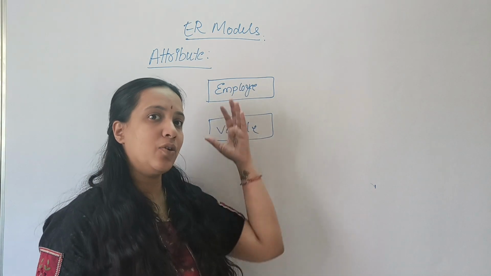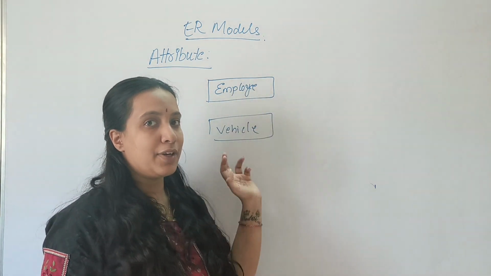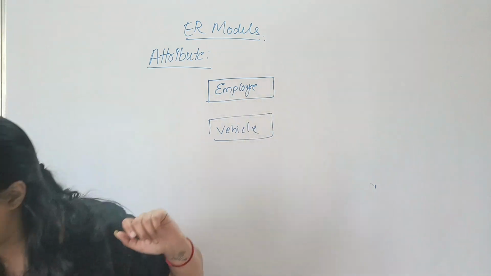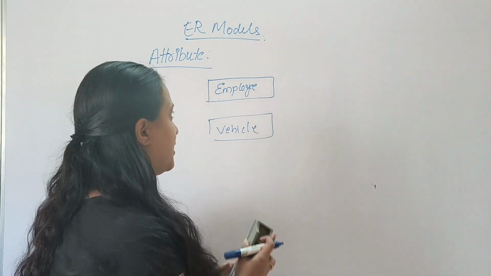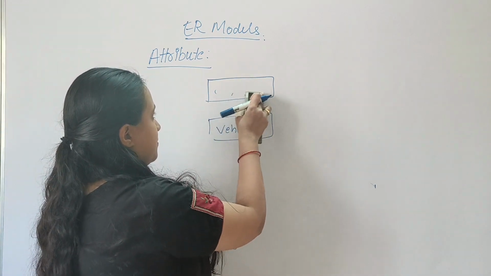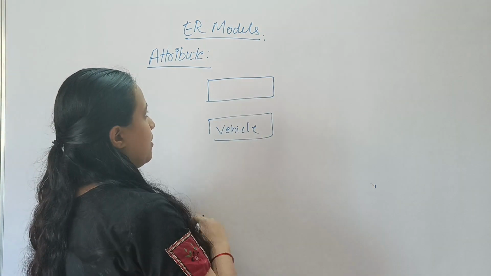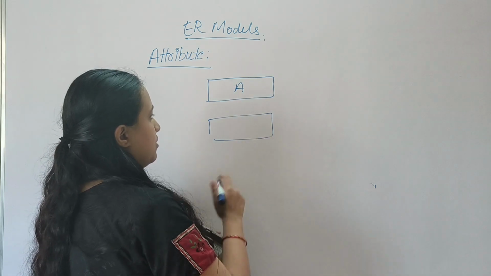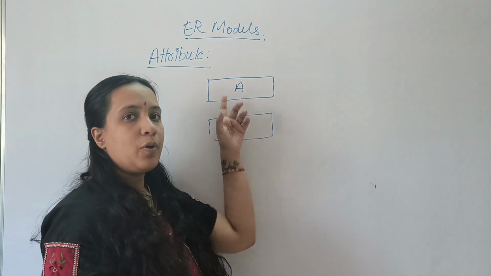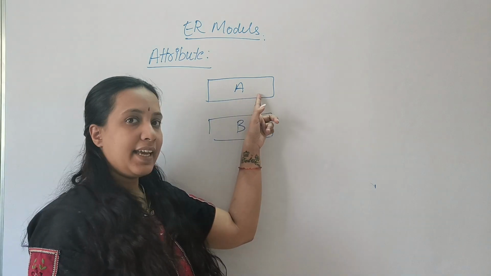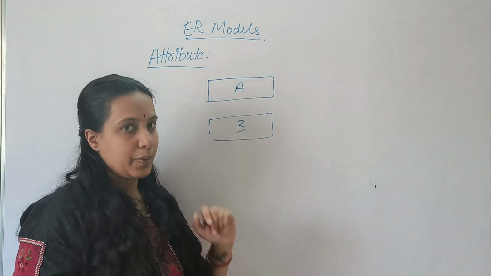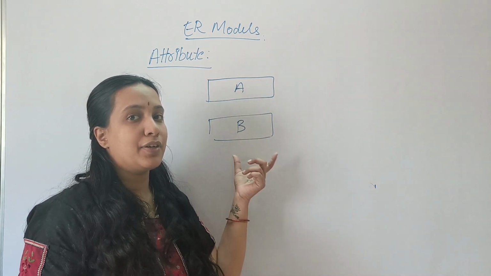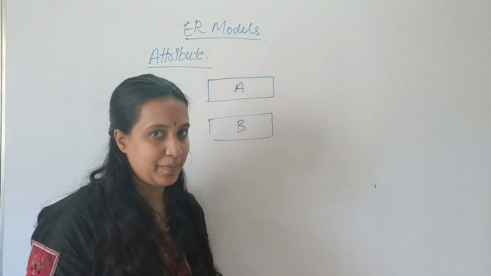Yes, because I know the employee is different from the entity vehicle by its name. Now, for example, let me rename these entities: entity A and entity B. How do I tell entity A is different from entity B?